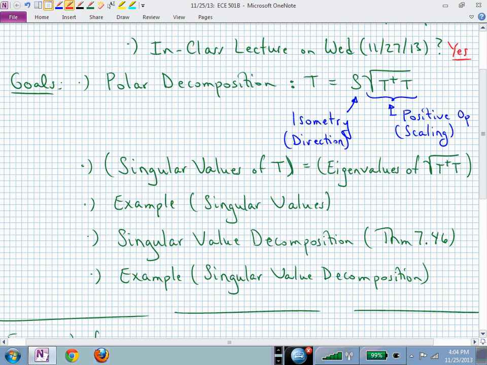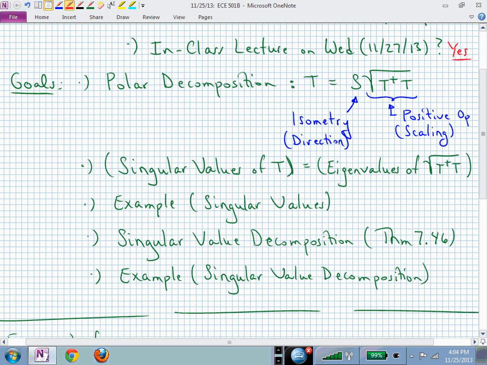Then we will talk about what the eigenvalues of this positive square root of T adjoint T represent. We will call those singular values of this operator T, and those are your scaling values. The book gives us an example dealing with singular values and a linear operator T.